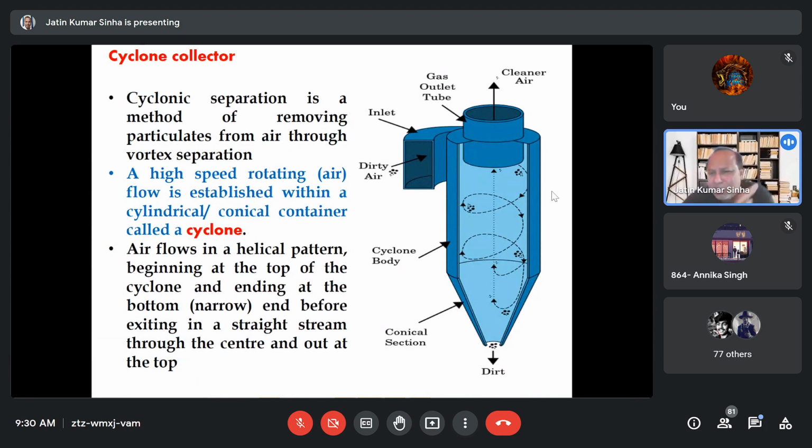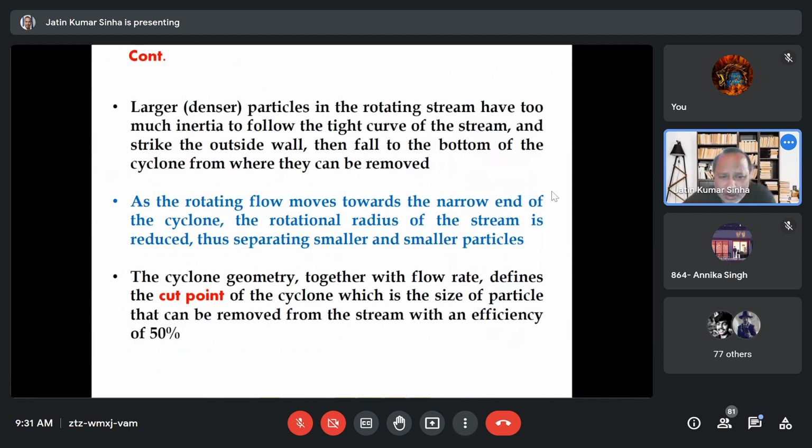These are limited to industries where there are chances of releasing bigger particles or debris into the air. There you can separate all these light, bigger particles, which are the pollutants, so they can be removed from the air. As I told you, the efficiency of this kind of cyclone collector is limited to 50%. It's just a physical separation, nothing more than that.